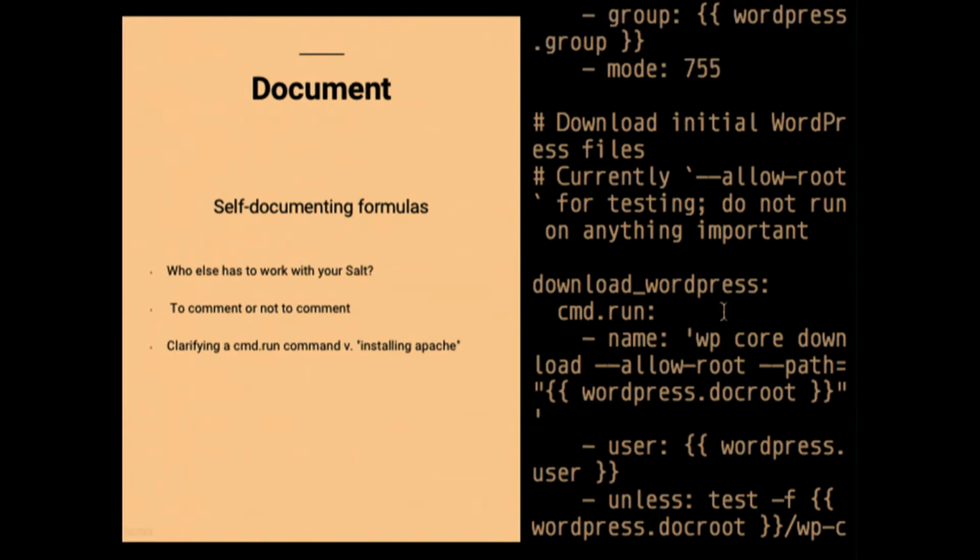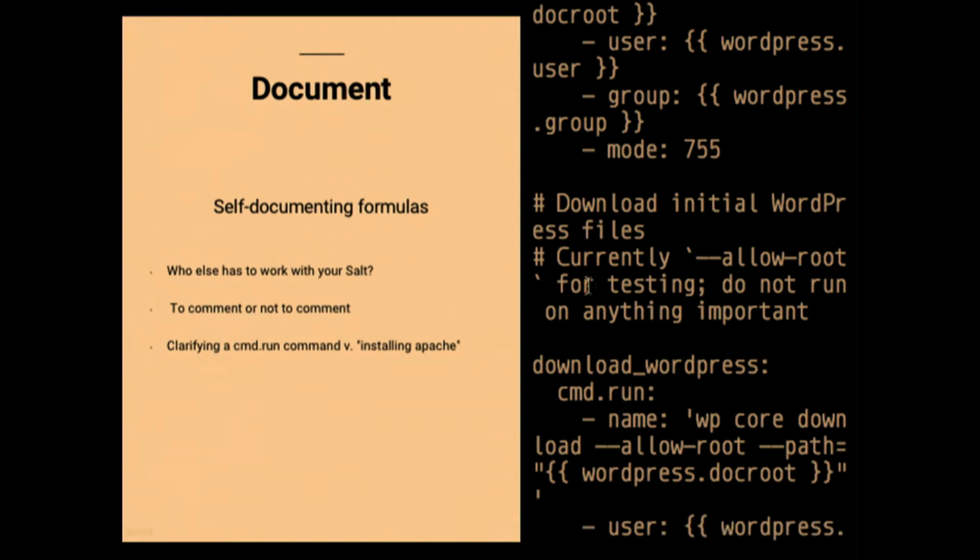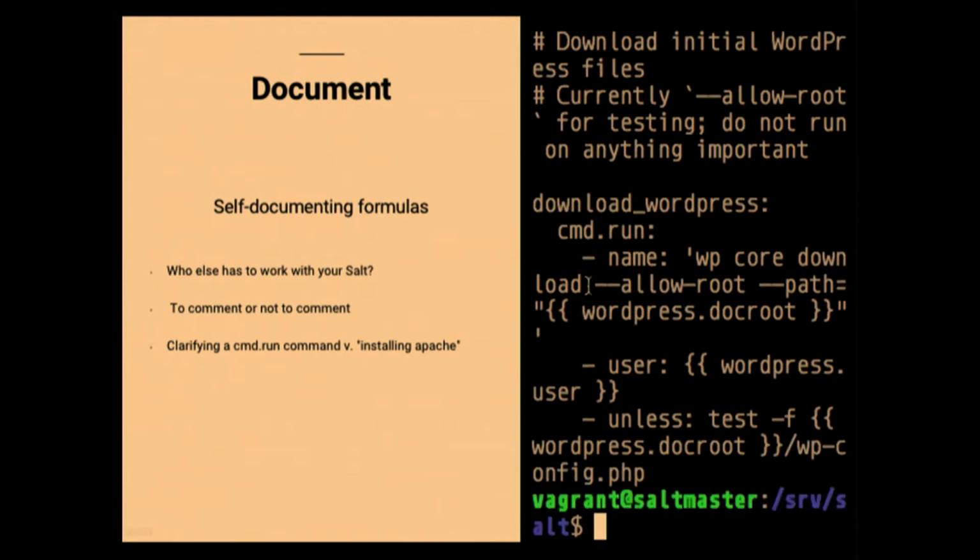So personally speaking, I make sure I keep my internal notes that this is what's downloading the initial WordPress files versus what's downloading the initial files into the WordPress doc root for the actual website. I also personally have a note that this formula is broken, but that's neither here nor there.